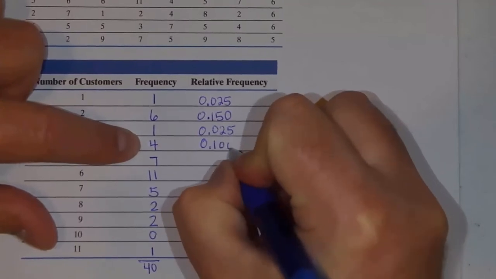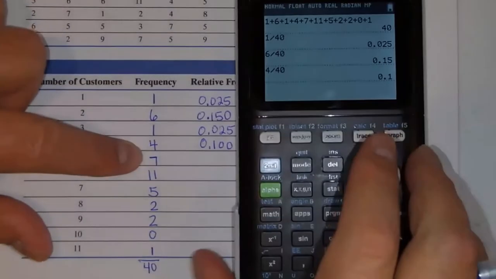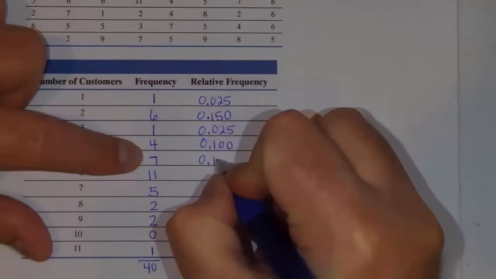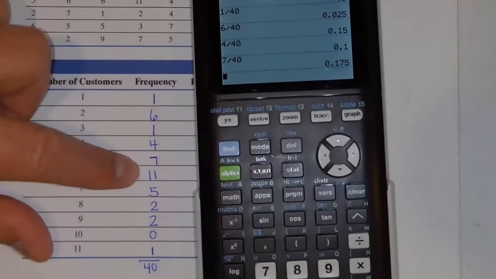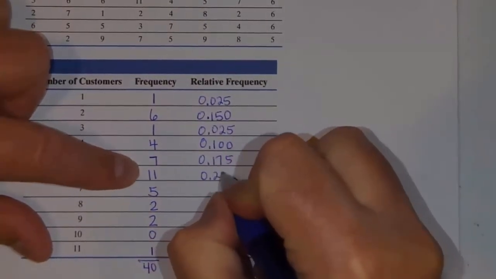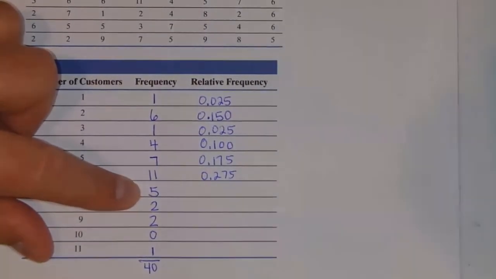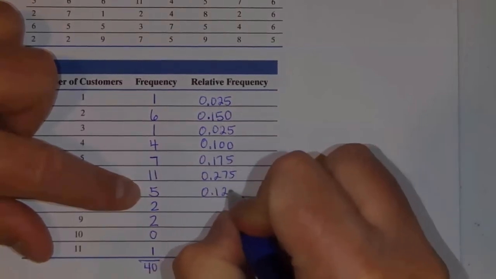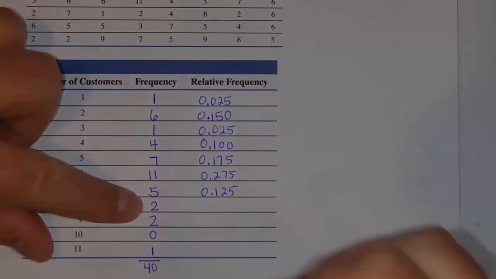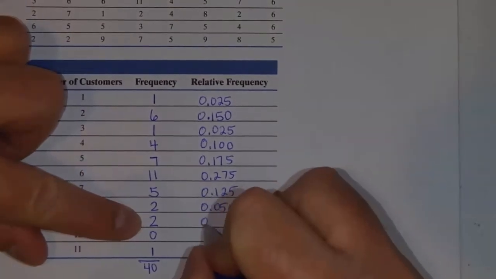And again, I like to put 2 zeros there just so that they all match with 3 digits. 7 divided by 40, that's going to be 0.175. 11 divided by 40, 0.275. 5 divided by 40 is 0.125. 2 divided by 40, that's 0.05. But again, I'm going to put a 0 behind it. I'd get 0.050 again.